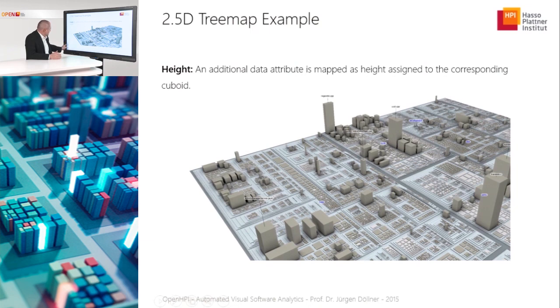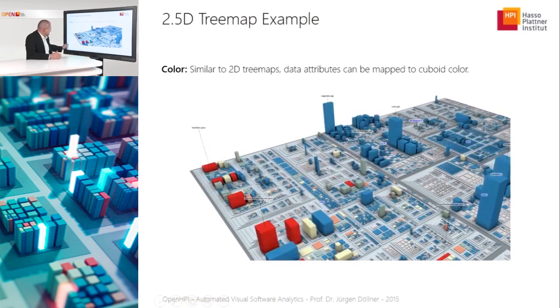In the next step, we can use color as a second independent strong visual variable. We can map another piece of information onto this variable. For example, we can think of mapping code complexity onto the height of a cuboid. So tall cuboids mean high coding complexity, whereas color can be used for editing frequency.